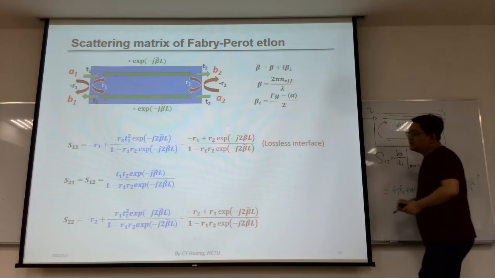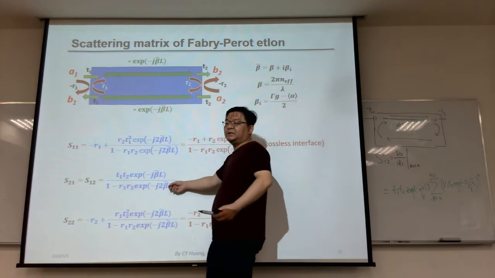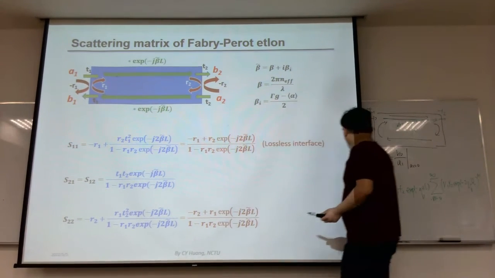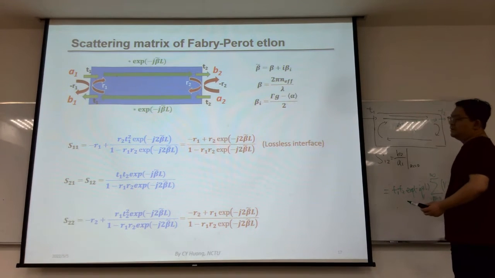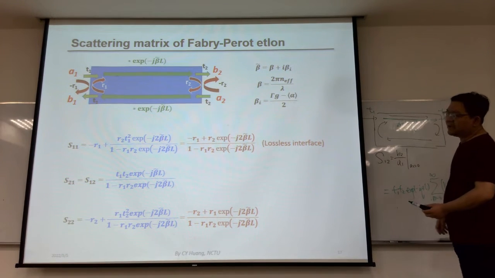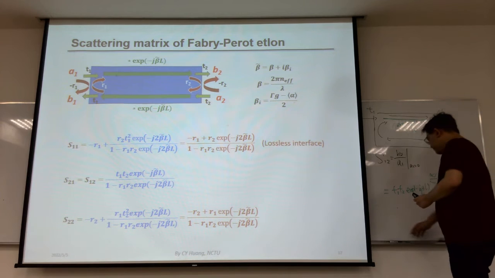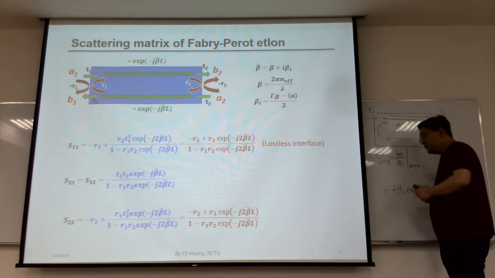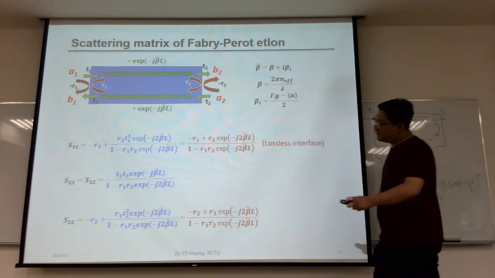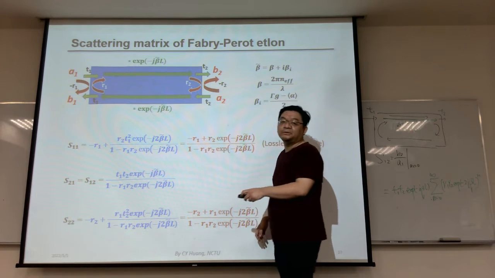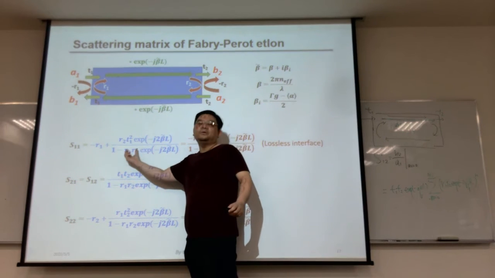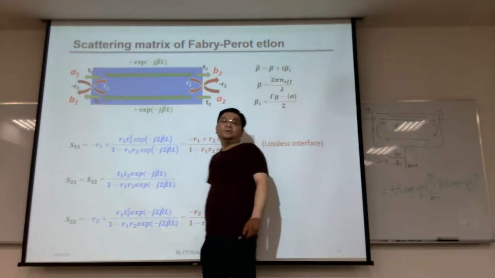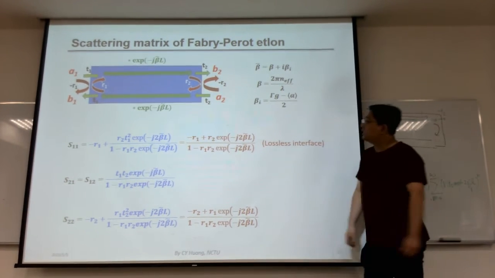So it becomes the denominator here. So it is T1 T2 exponential minus j beta L divided by 1 minus R1 R2 exponential minus 2j beta L. For S22, this is rather simple. You just switch all the numbers 1 and 2 and you will directly get the answer.